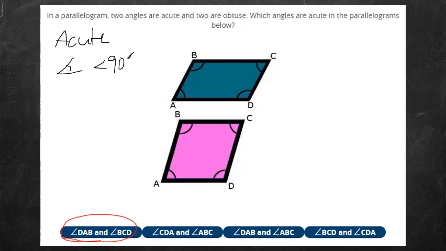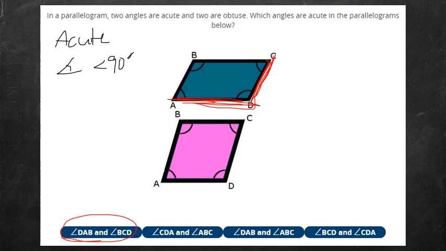Let's get some of this stuff out of the way. Now we want to look at the rest of our answer choices because we may have more than one answer. Okay. So let's look at angle CDA. Is angle CDA an acute angle? Here's angle CDA. Remember, acute angles are small angles.